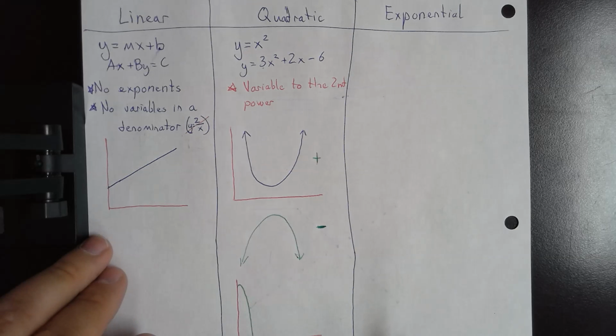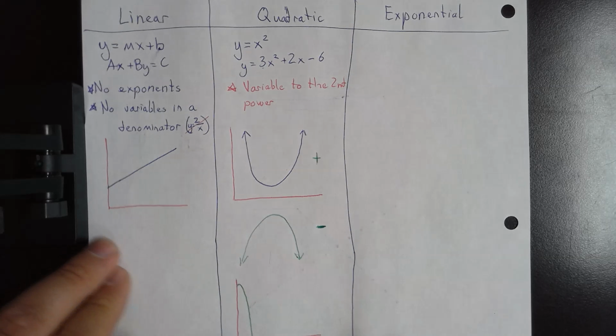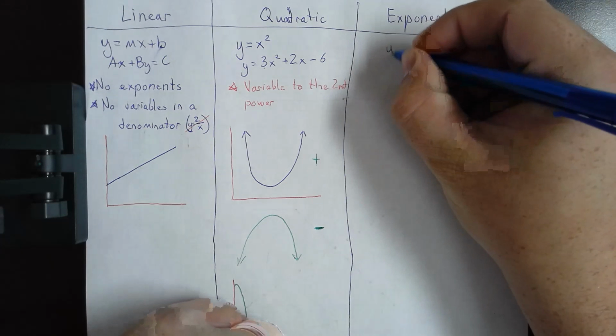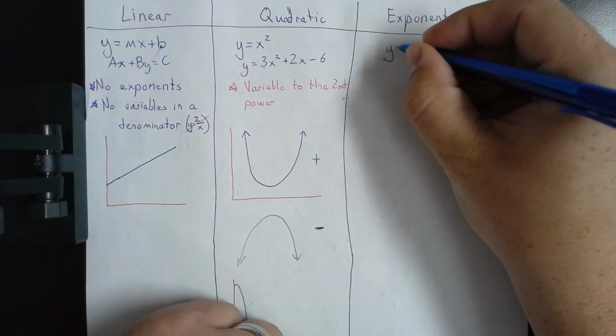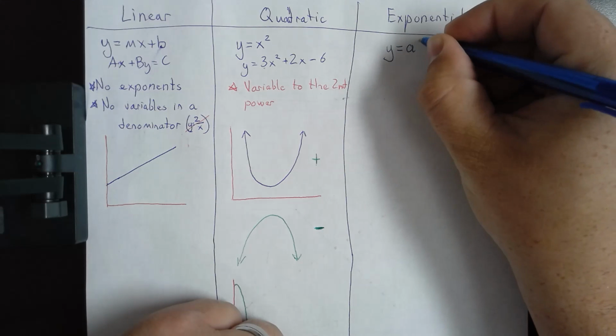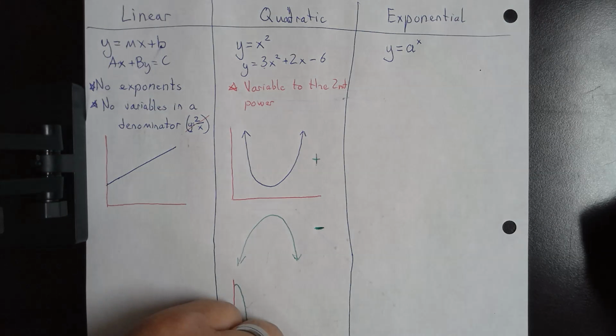So the last thing we have to look at is our exponential functions. Now, exponential functions come in the form y equals a to the x power. Okay?